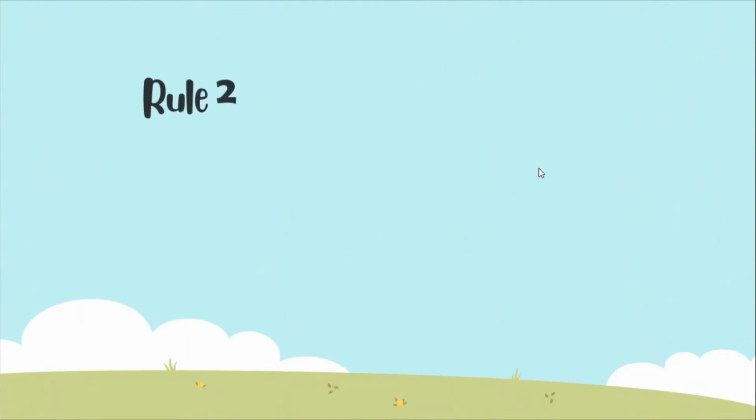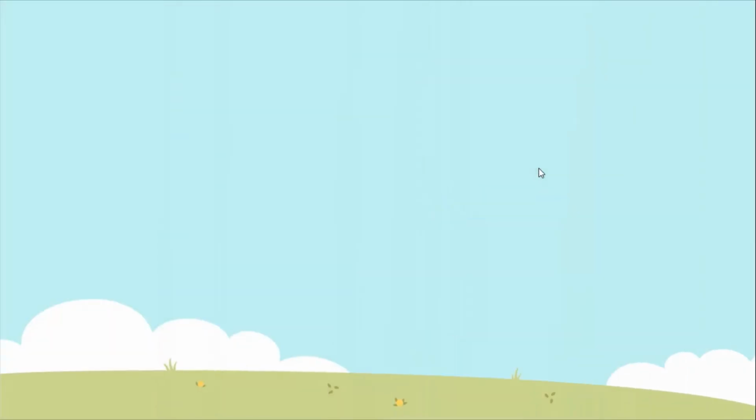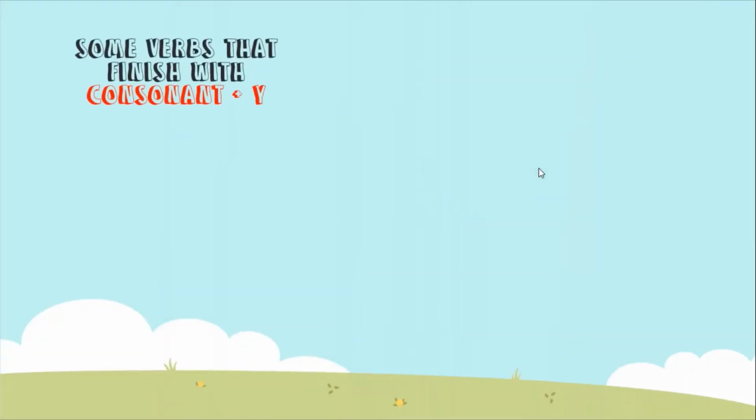Now, let's go for the rule number two. The rule number two says, when the verb finishes in a consonant plus Y, we change the Y for an I and add ES. Now, it sounds kind of confusing, but we're going to see this in action, right? So, for example, some verbs that finish with consonant plus Y are cry, fly, study, and carry.